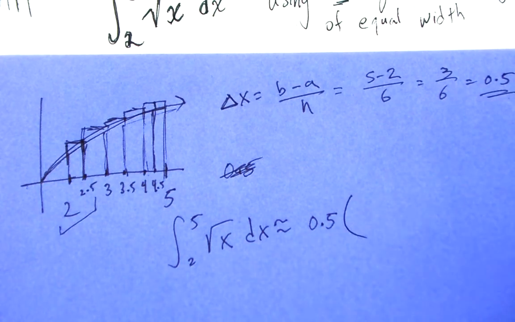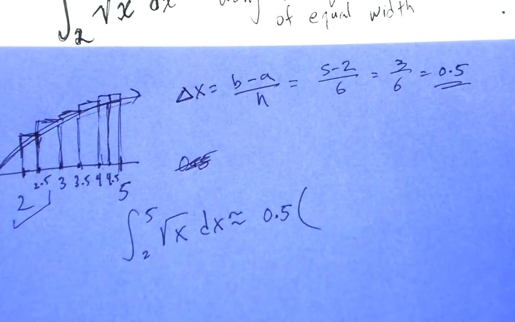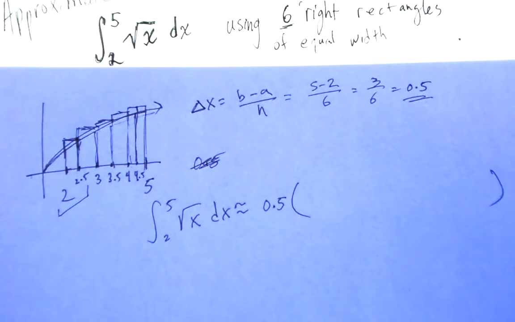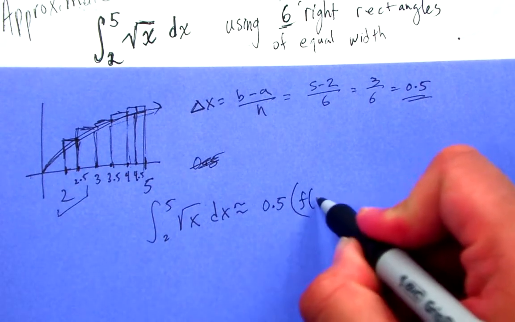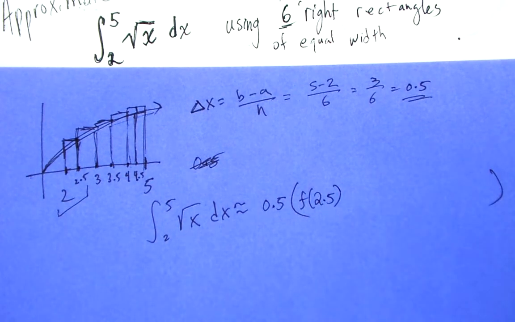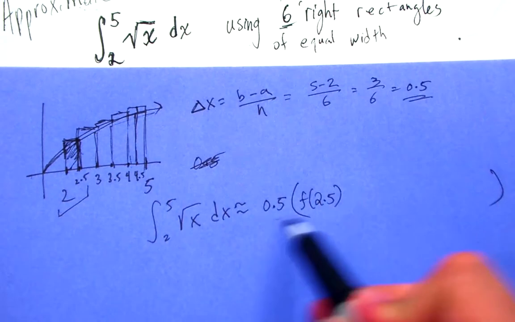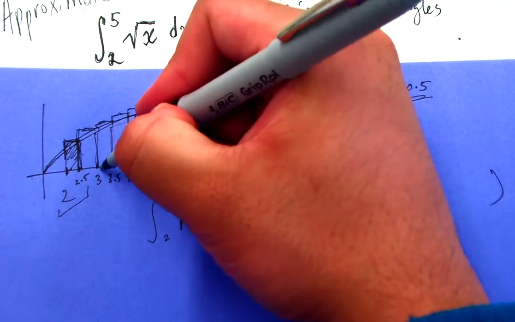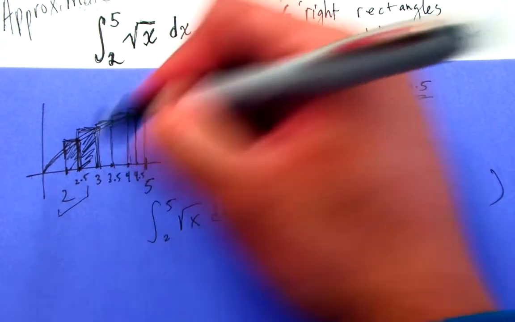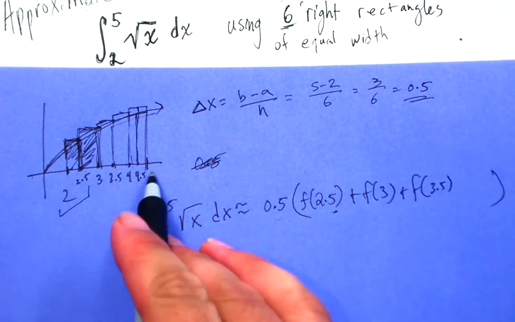So 0.5 times f of 2.5, since my first height is determined by 2.5. That's this length right here, and there's that area when those get multiplied. Plus f of 3, my second rectangle over here, plus f of 3.5, and I'm going to use all of them up to my last value, 5.